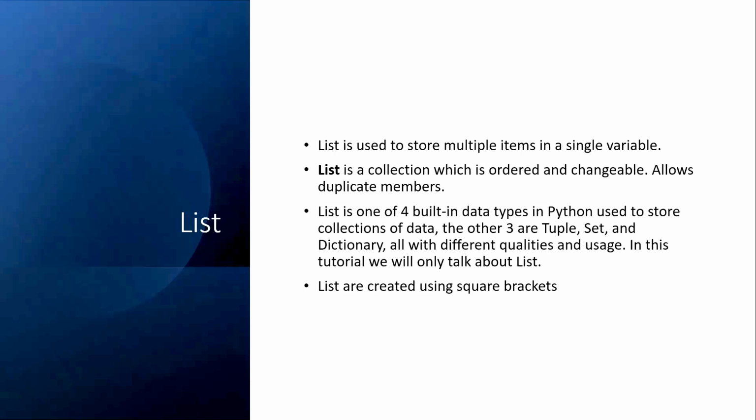The usage of tuple, set, and dictionary we will learn about in their own sections, which will follow after this section. Now it is important to know that for list, the creation uses square brackets, tuple will use round brackets, and set will use curly brackets.